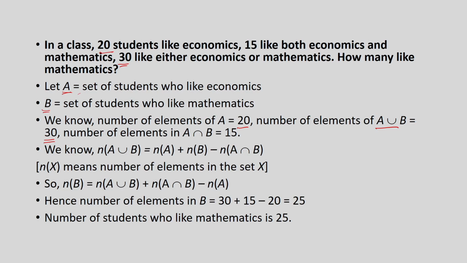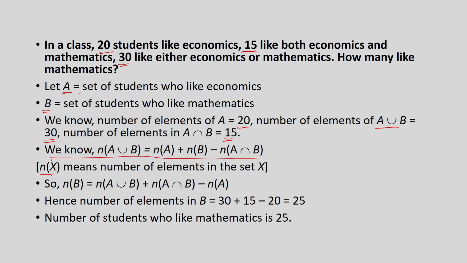And the number of elements in A intersection B, that is the students who like both economics and mathematics, that number is 15. Okay. And this is a theorem that we are going to use here, that n of A union B is equal to n A plus n B minus n of A intersection B. What is n?